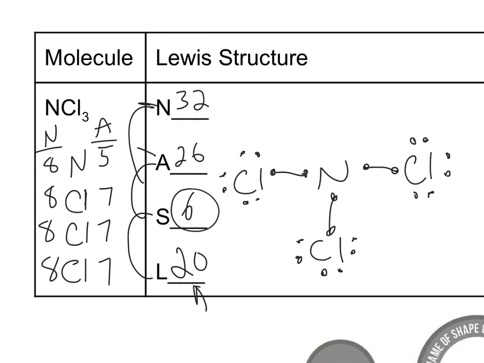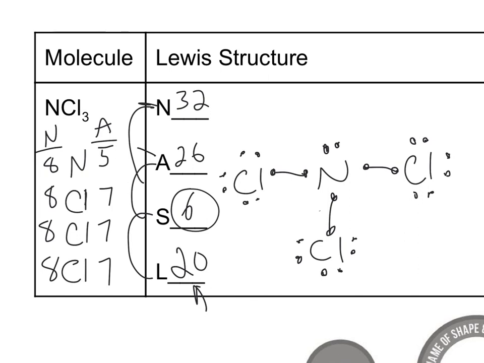We have 20. Look at that center atom. The nitrogen only has 1, 2, 3, 4, 5, 6. It's still missing 2 electrons. I've got 2 left, so that's where they're going to go, right on there. Okay, so now the nitrogen has 8, each of the chlorines has 8, and I've used all my electrons.